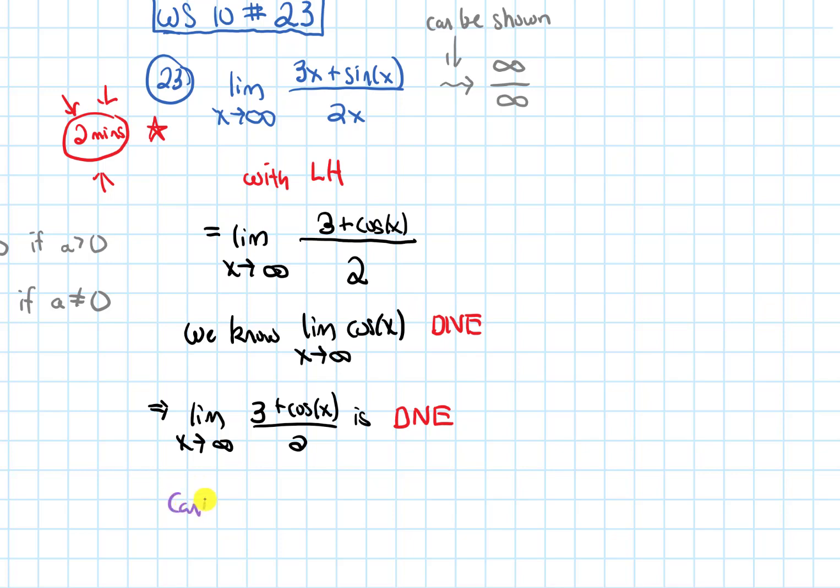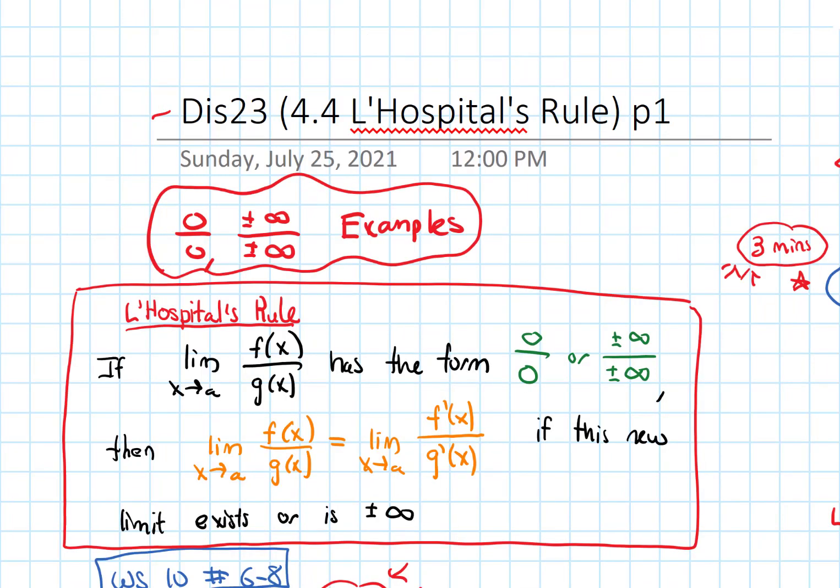As a result, we can't use L'Hopital's rule when the resulting limit, the limit that we get after we take the derivative of the top and the bottom, is DNE. And we actually see this in L'Hopital's rule itself. At the end of it, it's part of the technical language.